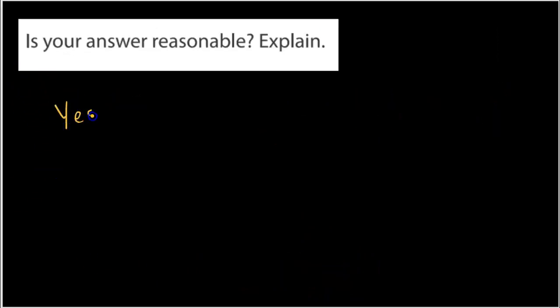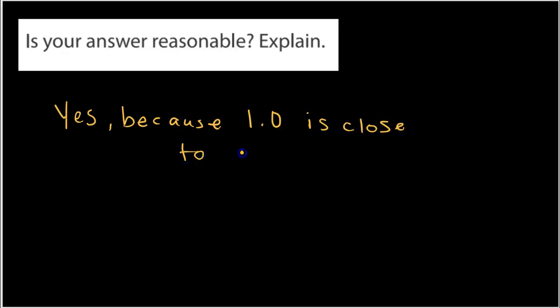My answer is reasonable because, why do you think? 1 whole, or 1.0, is close to 1.08. They're in range. Okay, so make sure when it says explain, you need to explain why. It can be short and sweet and to the point. All right.